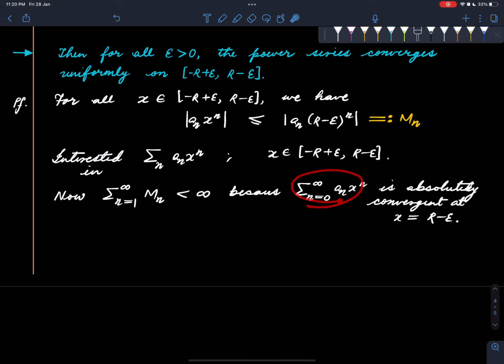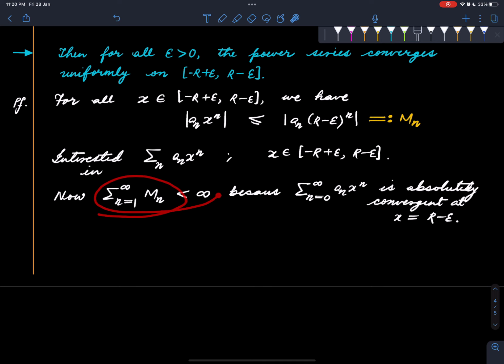Why does this converge absolutely at x equals R minus epsilon? Because if x equals R minus epsilon, then x is within this interval minus R comma R, and for any x within this interval, you have absolute convergence of the power series. This is precisely what the previous lemma was.